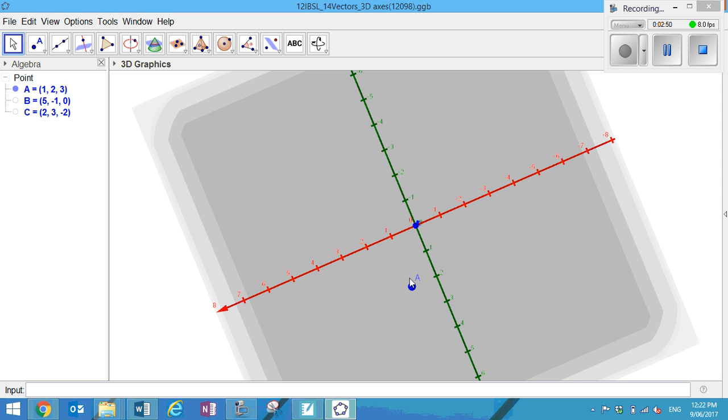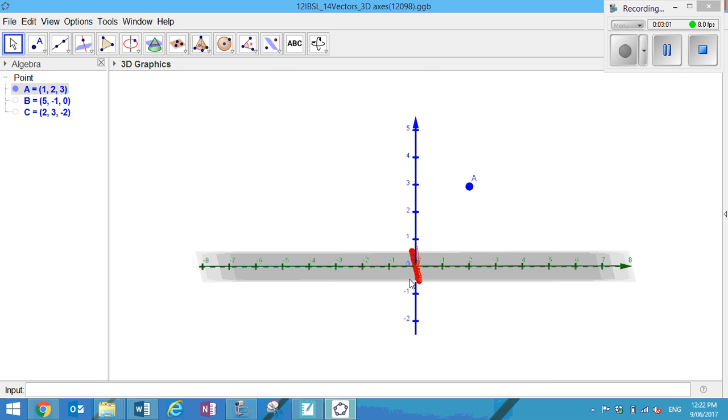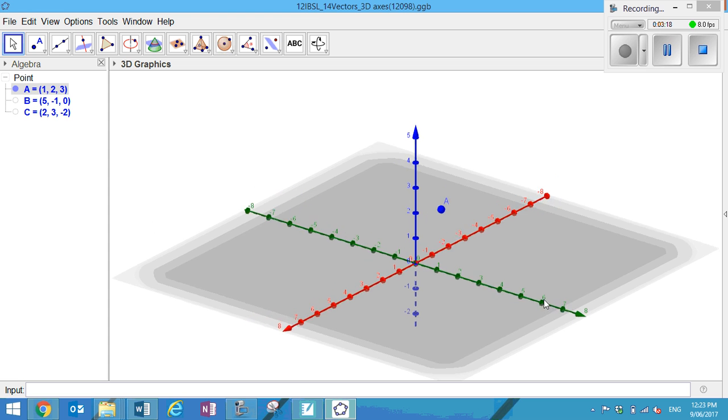Here is our x value at 1 and our y value at 2. If we want to see it from looking in at the x-axis, there we go. So we're now looking along from the x-axis. This is our y-axis. We can see y is 2 and z is 3.